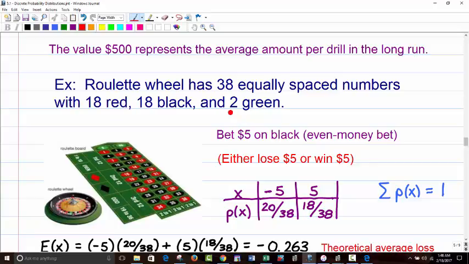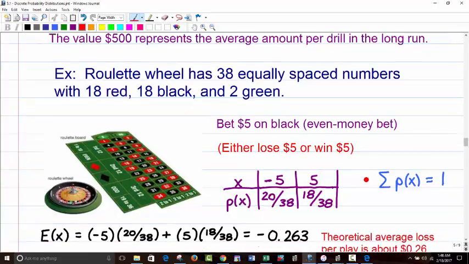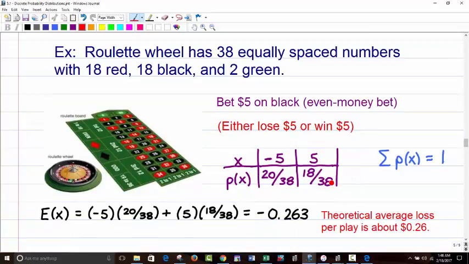We lose if either red or green appears. Those aren't our friends here. So if red and green appear, that's 18 plus 2, 20 ways to lose, versus 18 black, 18 ways to win. So we have a 20 out of 38 chance of losing and an 18 out of 38 chance of winning.